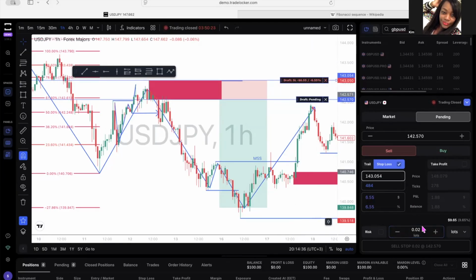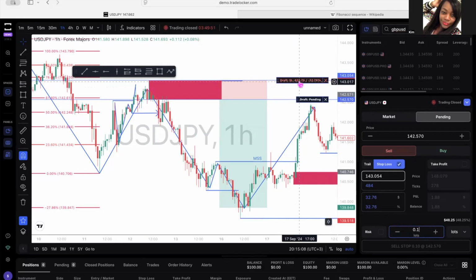If you go to 3, I'm willing to lose $9. If you go to 4, $13. At 5, $16. If you want to set it at $1, then you're willing to lose $32 of your $100.